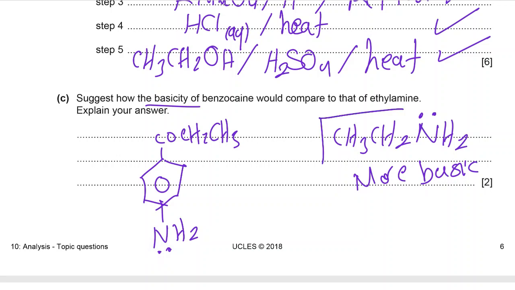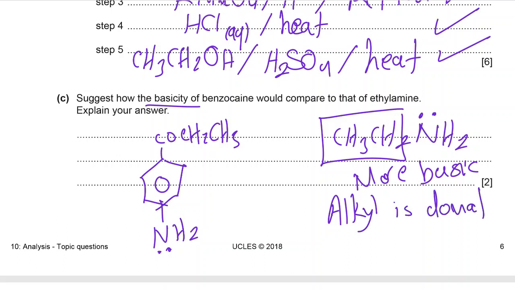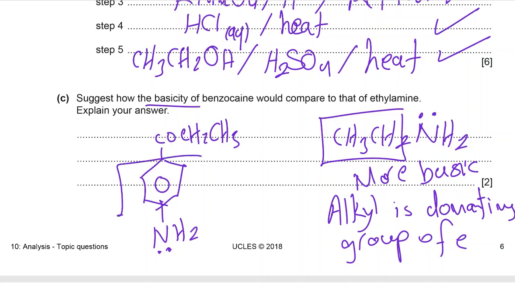Here the alkyl group is an electron-donating group, while the benzene ring here is an electron-withdrawing group.